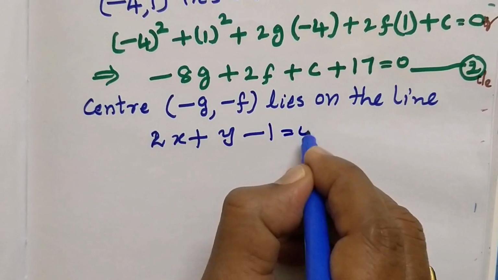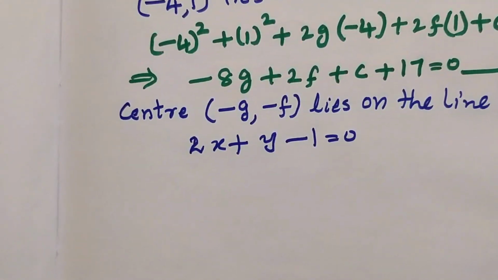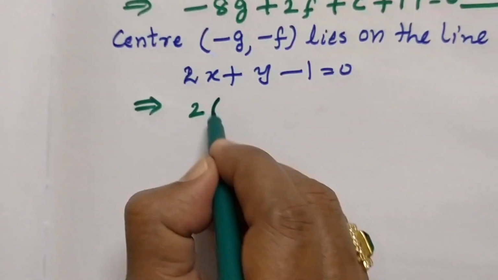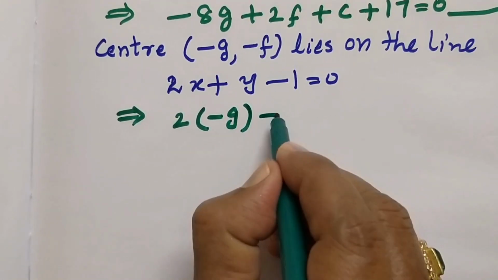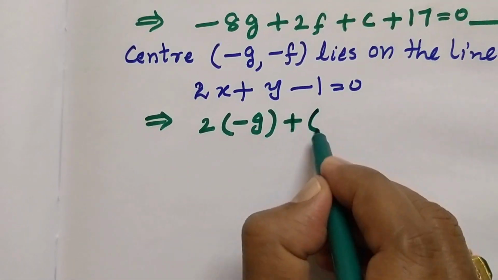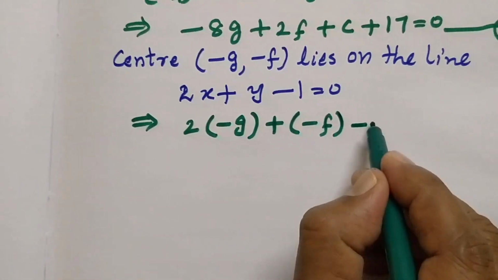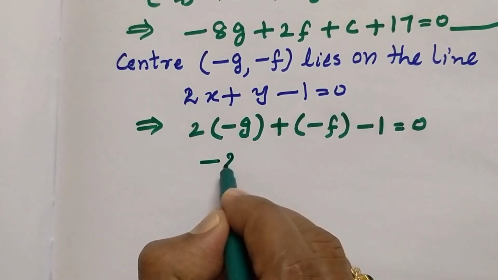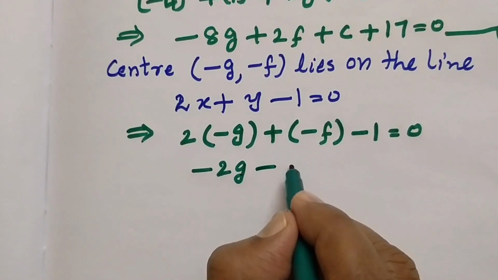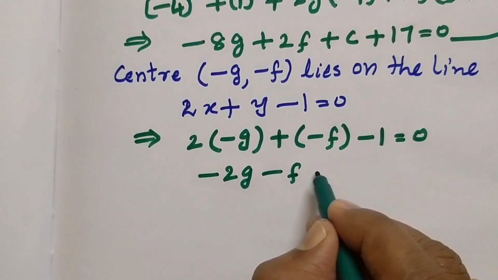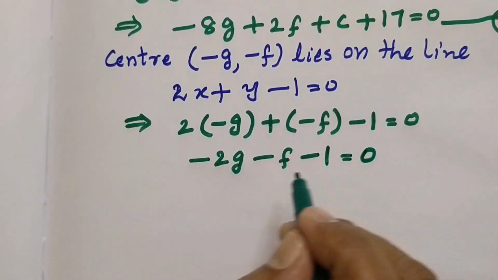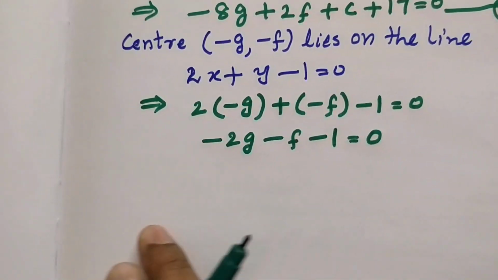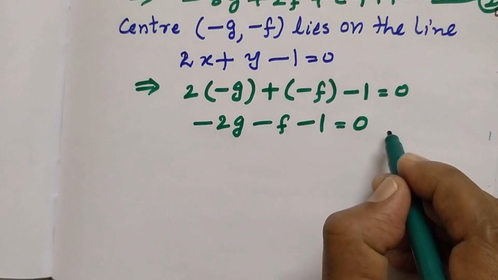That gives us 2 into, what is x here? Minus g plus, what is my y? Y is minus f minus 1 is equal to 0. That is minus 2g minus f minus 1 is equal to 0. Or you write 2g plus f plus 1 is equal to 0. This is my third equation.